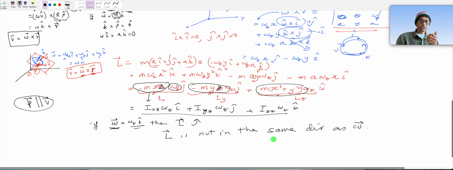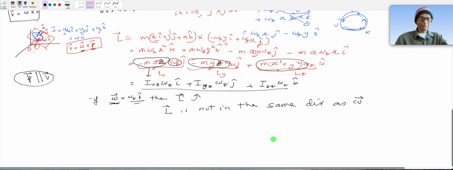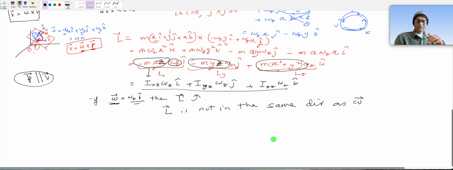The vector nature of angular quantities is not very simple compared to the linear things, okay? People often miss this initially, and they run into trouble when they're thinking about a problem, and then they have to go back and correct this misunderstanding. So this is not parallel, okay?